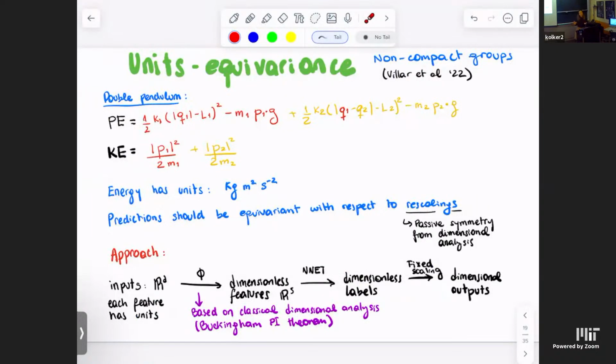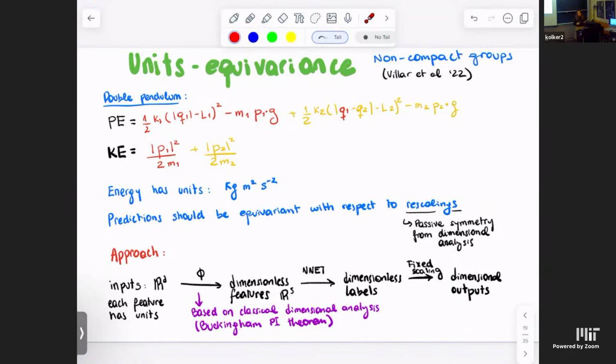So that's a simple example. An extra step that you can do is to use another symmetry that we haven't used before, which is the unit symmetry. So the Hamiltonian has units of energy, kilogram meter squared divided by second squared.